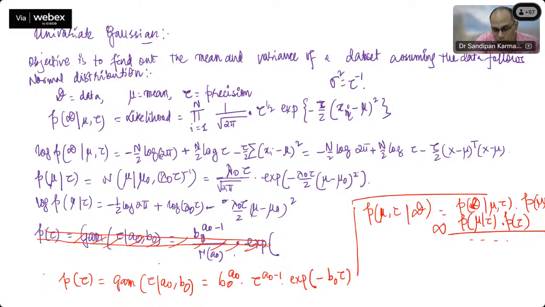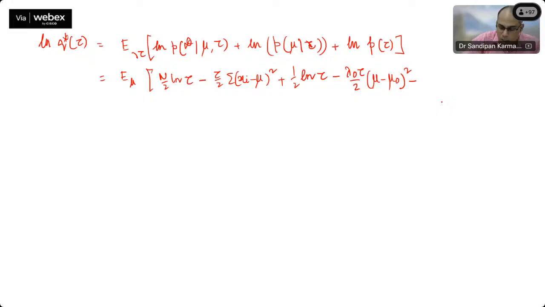So here it will be a naught minus 1 log tau minus b naught tau. So it will be plus a naught minus 1 log tau minus b naught tau. This is the total expression.